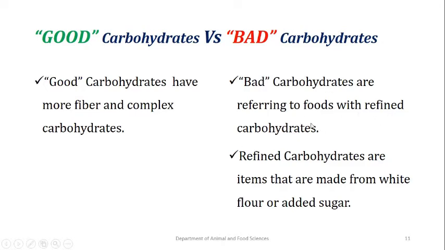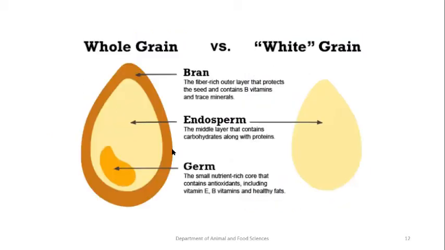Refined carbohydrates refer to carbohydrates that have been processed. In the refining process, other nutrients are removed. For example, grain is a good source of carbohydrates. Whole grain contains bran, endosperm, as well as germ.